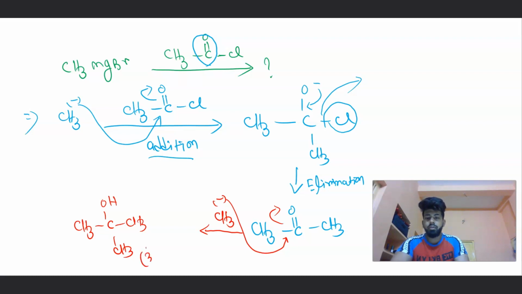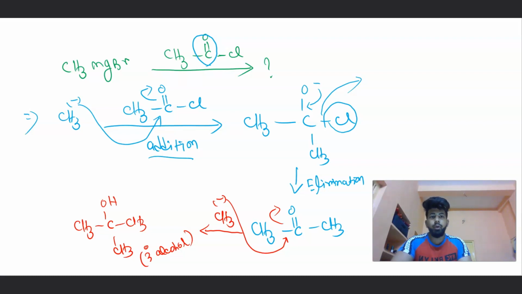So it will become 3-degree alcohol. So in conclusion, if we add acetyl chloride or ketone with Grignard reagent, it will become 3-degree alcohol.